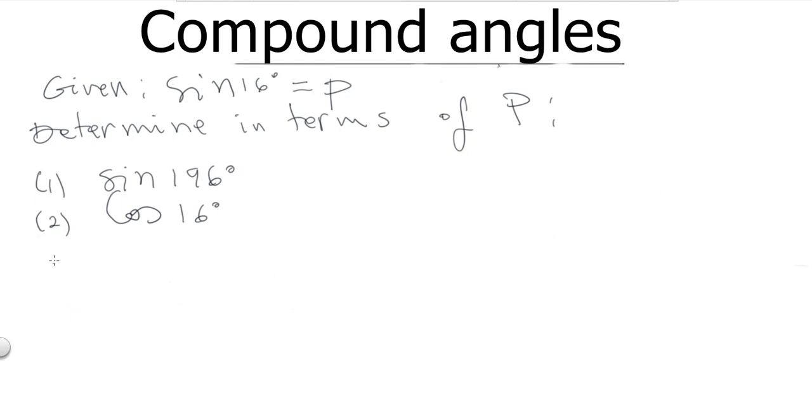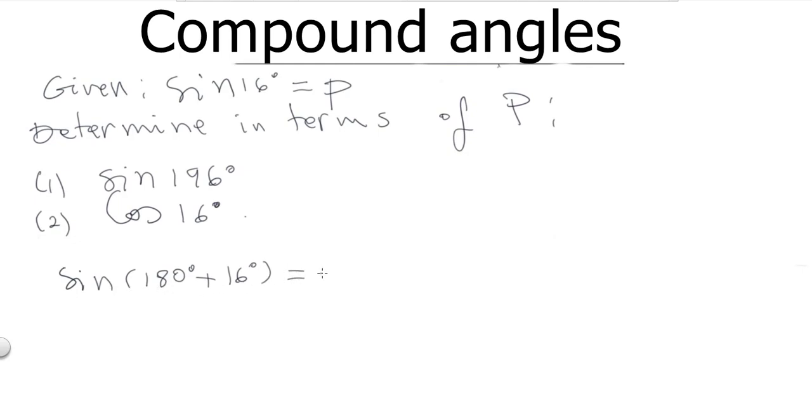So what is going to happen here? The first one, we have sine of 196. You can change it to 180 plus 16 degrees. Can you see? So which quadrant is this?